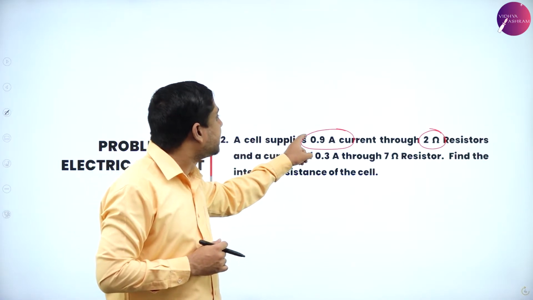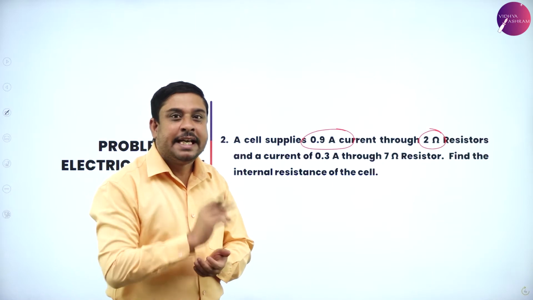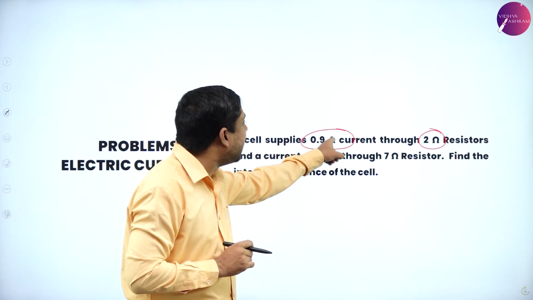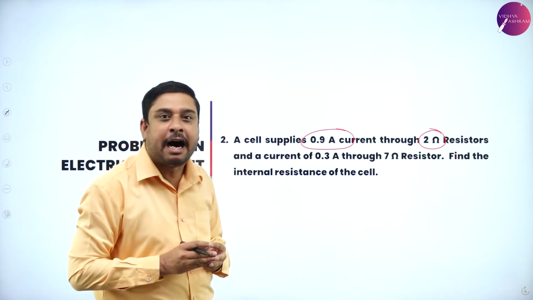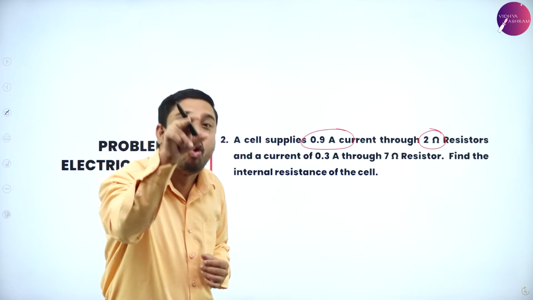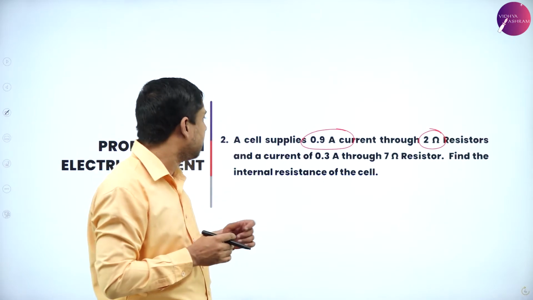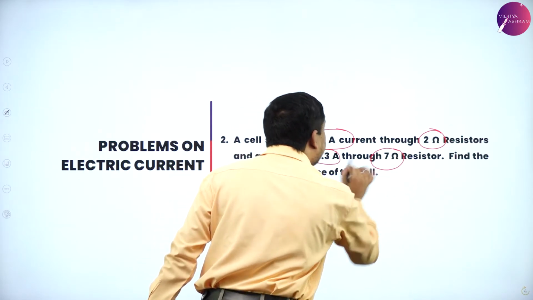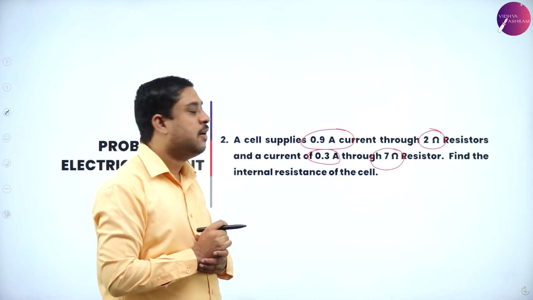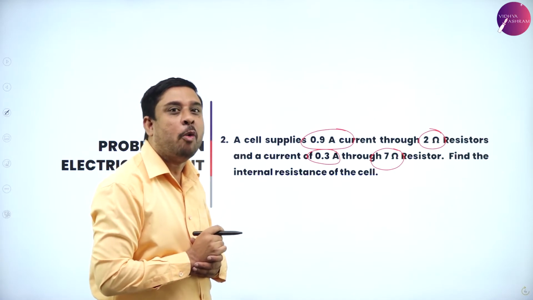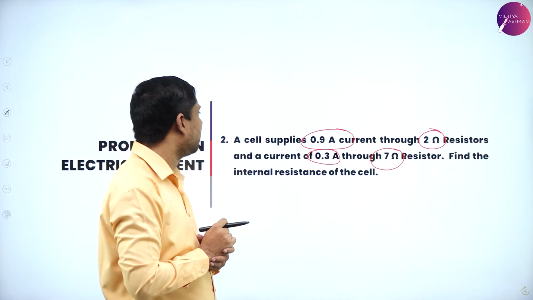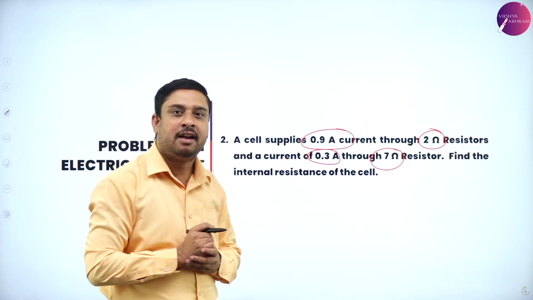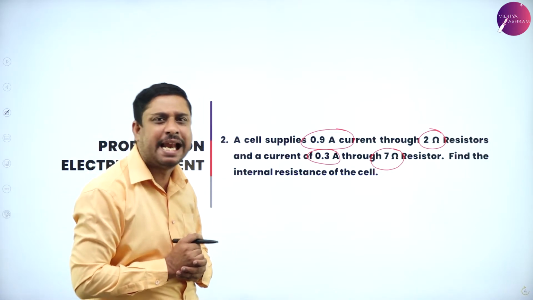Cell supplies, in the first case, 0.9 ampere current when a 2 ohm resistor is used, and 0.3 ampere current when a 7 ohm resistor is used. I have to find the internal resistance of this cell.